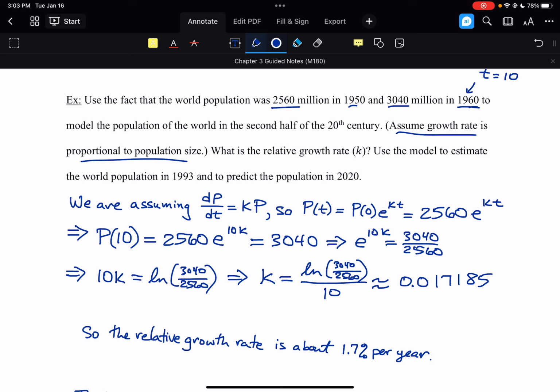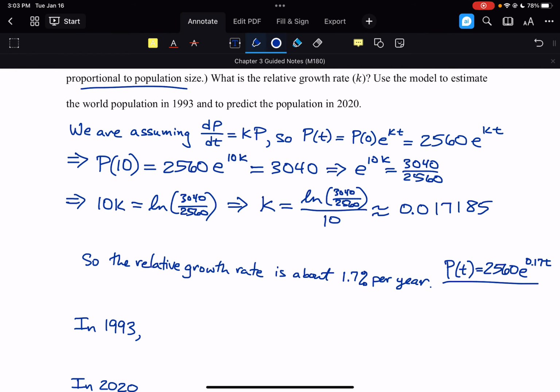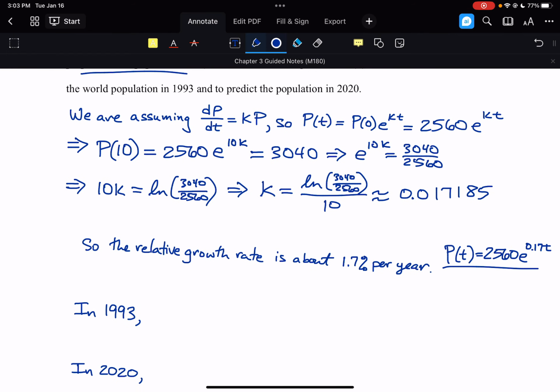So our new formula, as opposed to this original version where we didn't know what k was, is going to be P of t equals 2560 e to the 0.017.